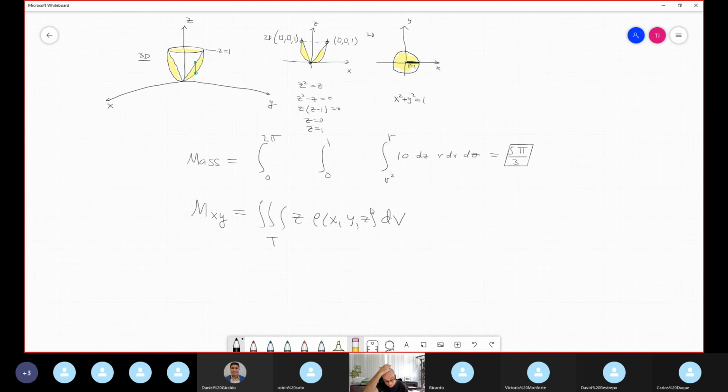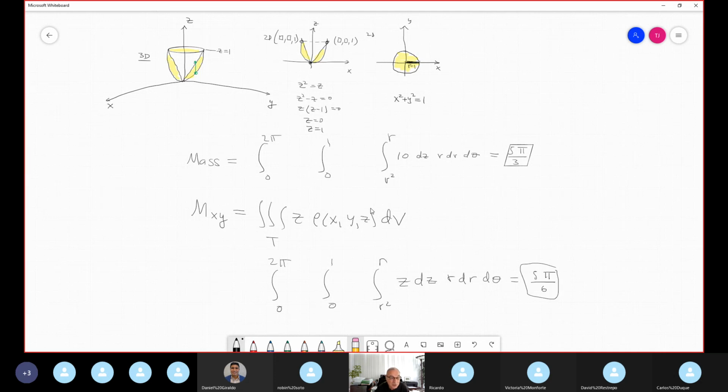Esa fórmula. Entonces es similar. Momentum es triple integral again. The limits are the same. r squared, r 0 to 1, theta 0 to pi. But this is z, z dz, r dr d theta. Okay, these limits are the same. And the answer is 5 pi over 6.